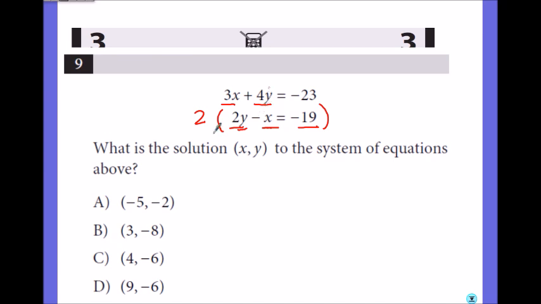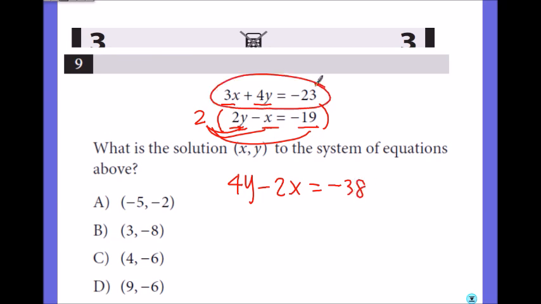So I'm going to double this. Then I get 4y minus 2x, doubling all of these terms, equals negative 38. And just copy the first equation under it, with 4y under 4y, so plus 3x equals negative 23.